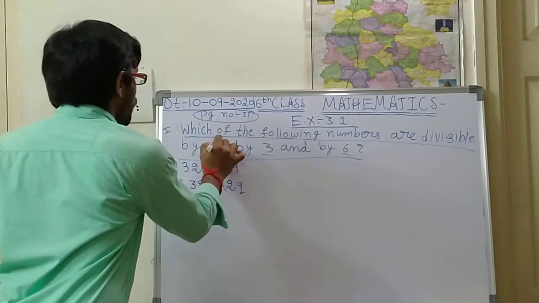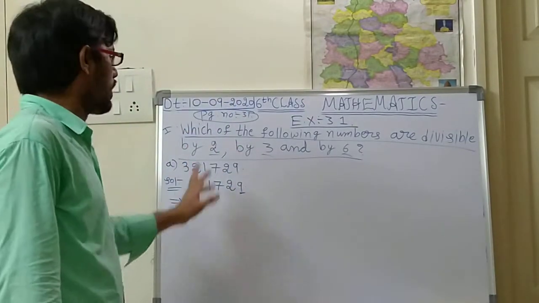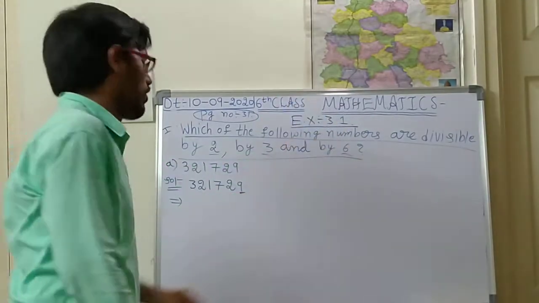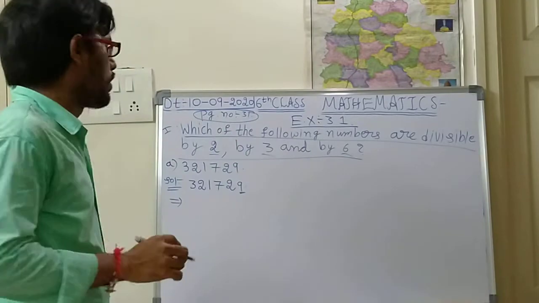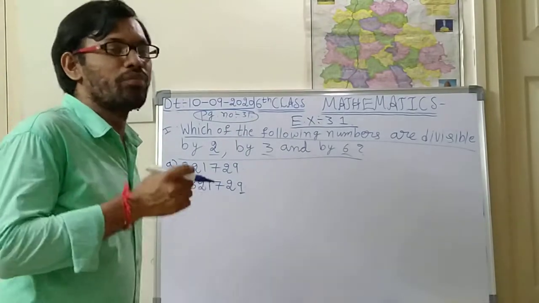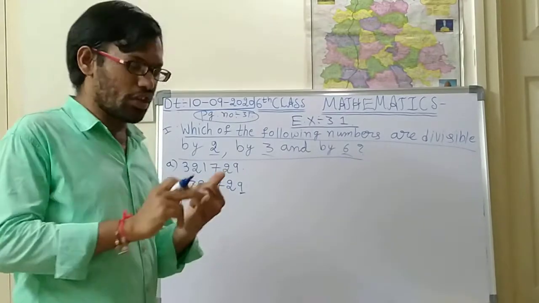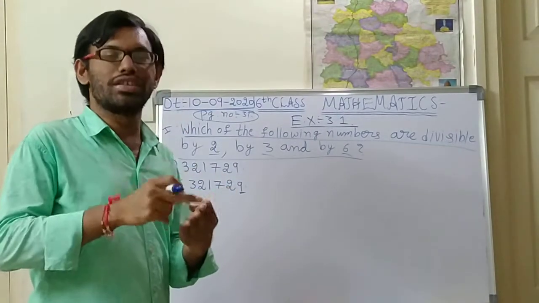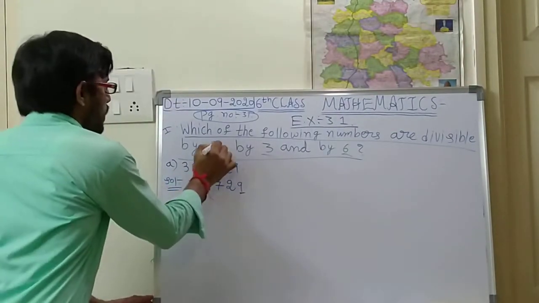We are checking whether this number is divisible by 2 or not, then 3, then 6. For divisibility by 2, we should identify whether the ones place digit is 0, 2, 4, 6 or 8.